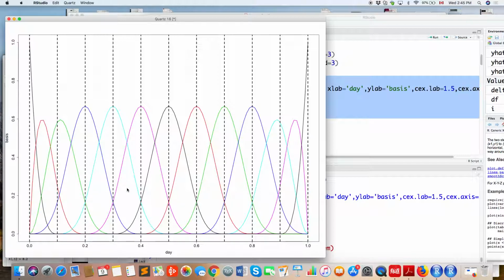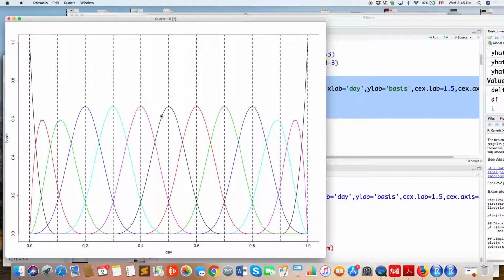For any given point, for example, if we cut at this point, you will see there are 1, 2, 3, 4 basis functions. So for any given time point, there will be 4 basis functions that define the value. Imagine if we fit a curve.